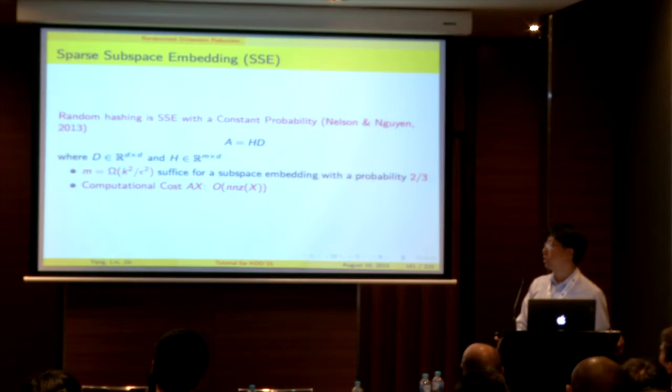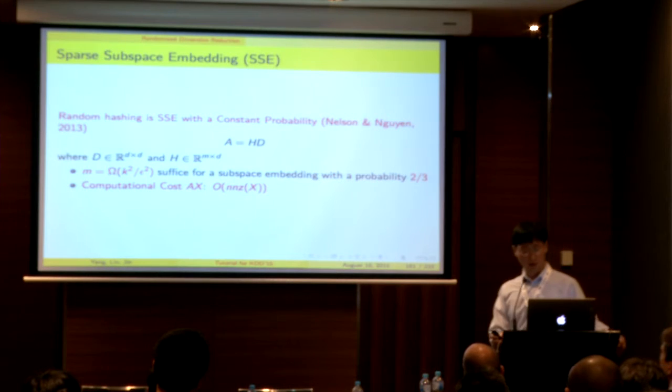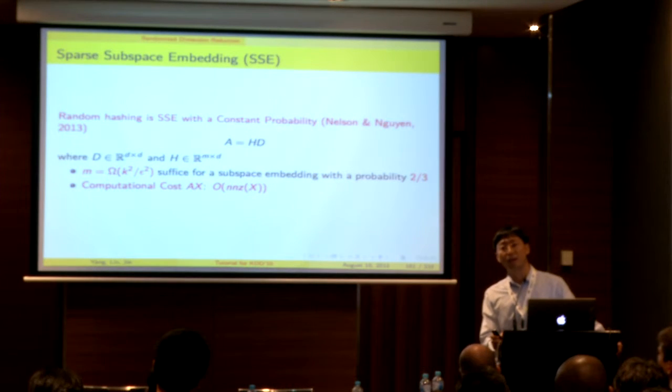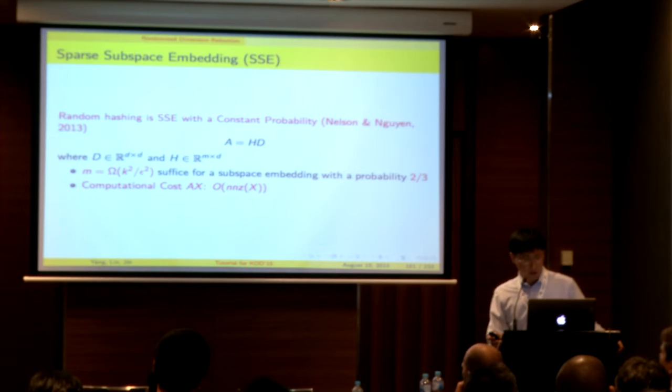The good thing about this random hashing is that the computational cost of reduction is only in the number of non-zero entries in the data matrix. Because this random hashing matrix is a sparse matrix, I will refer to this as sparse subspace embedding.